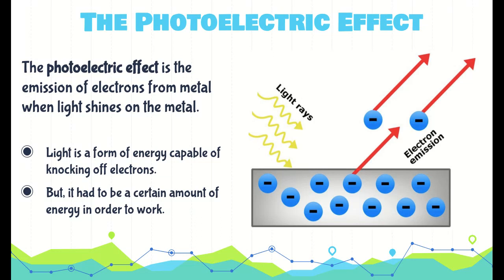This brings us to the photoelectric effect, which is the focus of the lesson today and what you'll be doing your work on afterward. The photoelectric effect is the emission of electrons from metal when light shines on metal.